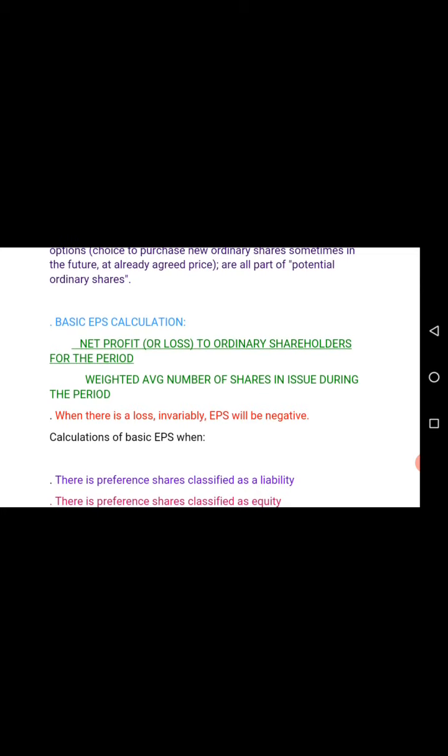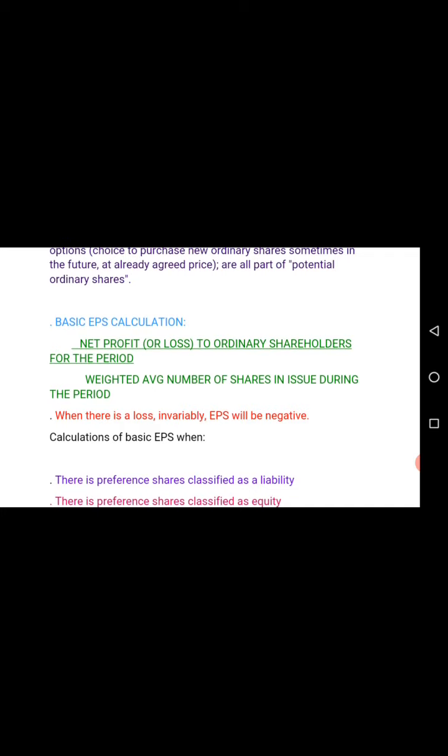If there is a loss, automatically EPS would be negative. It doesn't matter the number of shares that are issued, since the numerator is already negative, and you can't have negative number of shares issued, so it would automatically be negative.